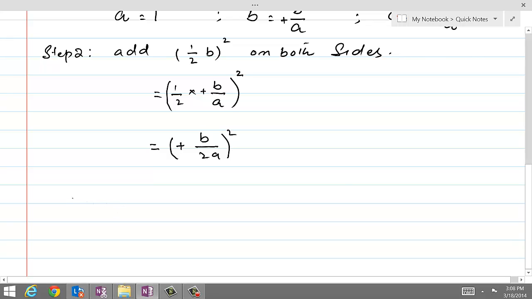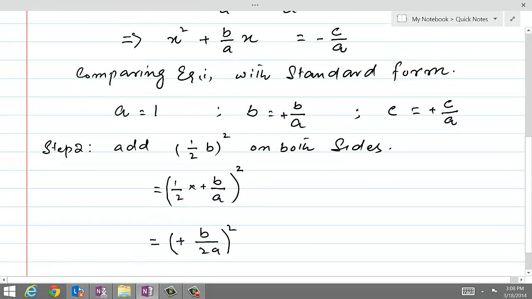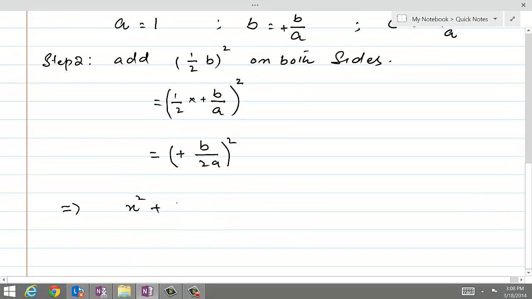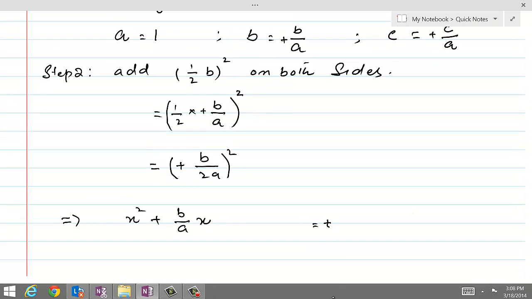So this will give us x square plus b over a x is equal to minus c over a.